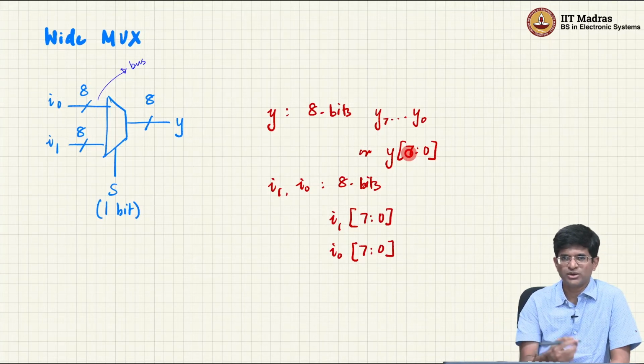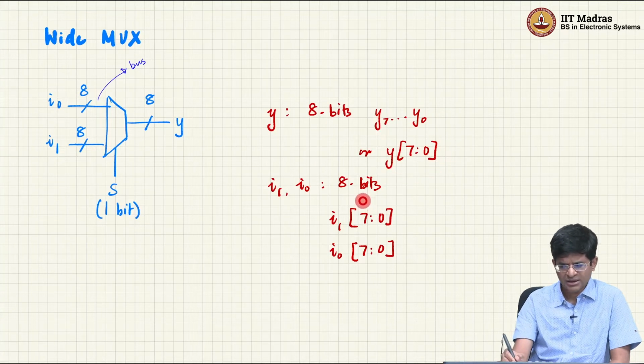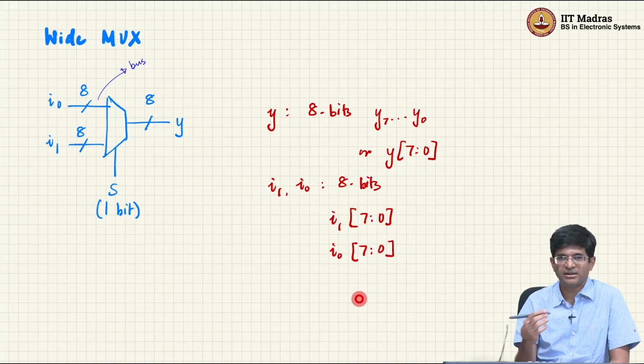I always have this notion that arrays are things which I start and then move forward in them. Whereas in hardware, we very often come across this idea of most significant bit on the left hand side, least significant bit on the right hand side, and this notation is used for that. Similarly, I1 is an 8-bit value, I0 is an 8-bit value. Once again, MSB to LSB locations are specified in this way.